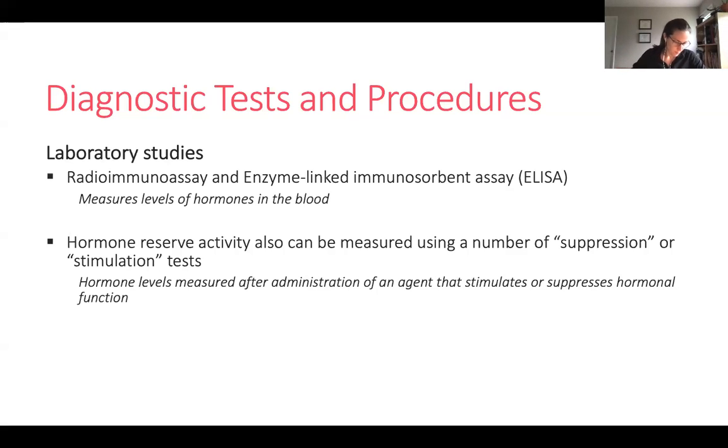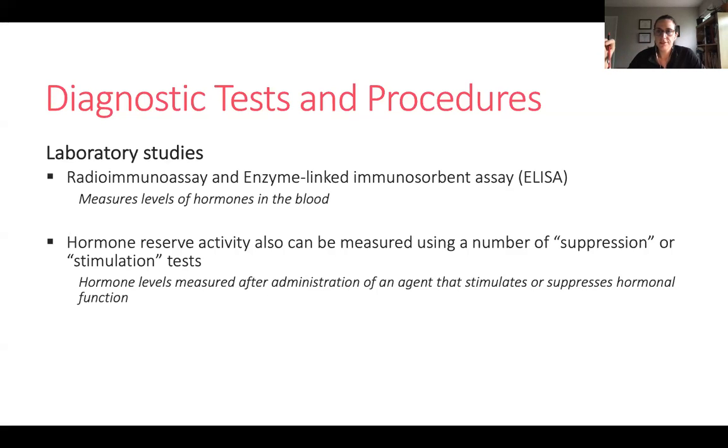And then they can also do what are called suppression or stimulation tests. The way that works is if they suspect that there's a deficiency, they will give a medication that stimulates the release of that hormone. So let's say they think that there's an issue with growth hormone.